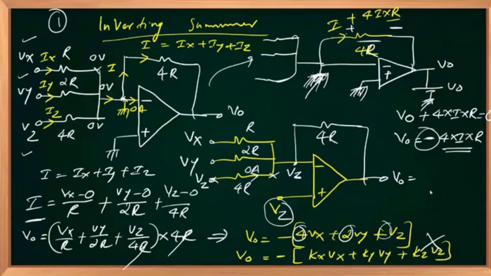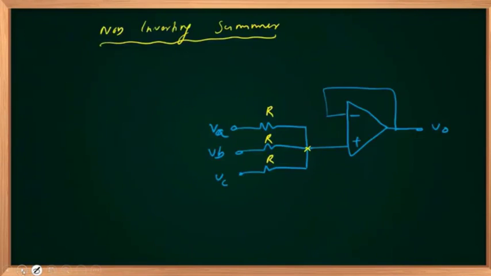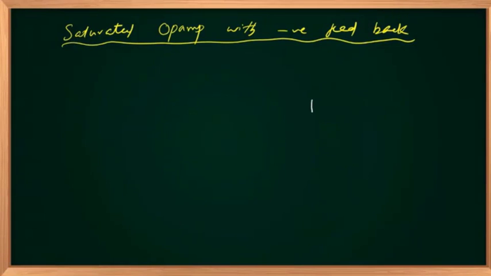Then you have to find the output. Is it minus of 4Vx plus 2Vy? Is it true? So we have two active branches.